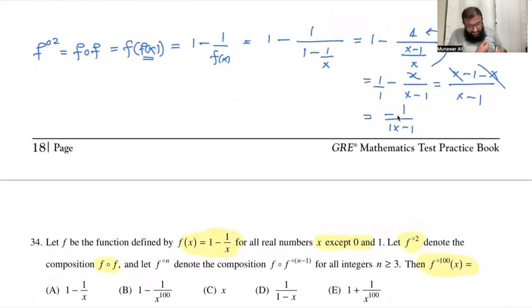LCM is x minus 1, x minus 1 minus x, minus 1 over x minus 1. I can write 1 over 1 minus x. So 1 over 1 minus x.